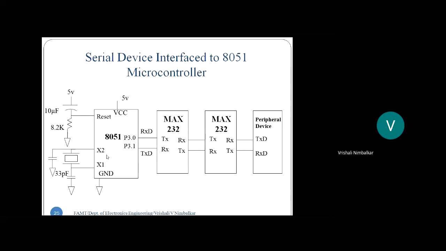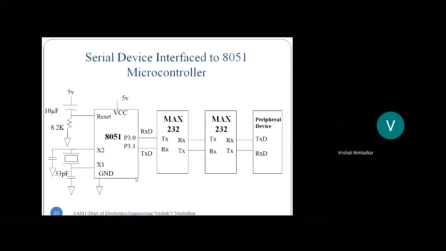Are you getting me? If the microcontroller is transmitting 5 volt, some noise, an unwanted signal, will change that 5 volt. Even if there is a change in 5 volt, logic 1 should still be treated as logic 1 by the hardware. That capability is called noise margin, the ability of a circuit to bear that noise.